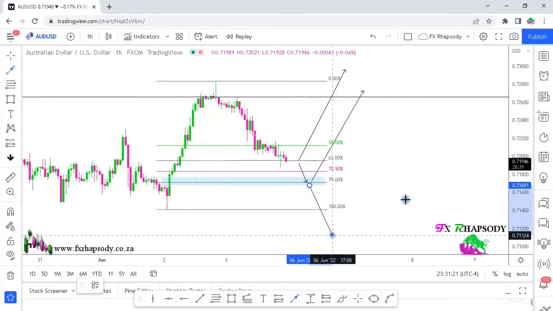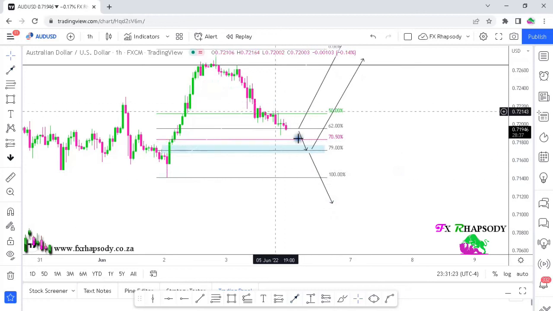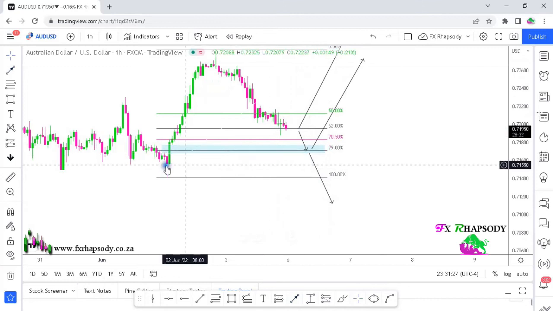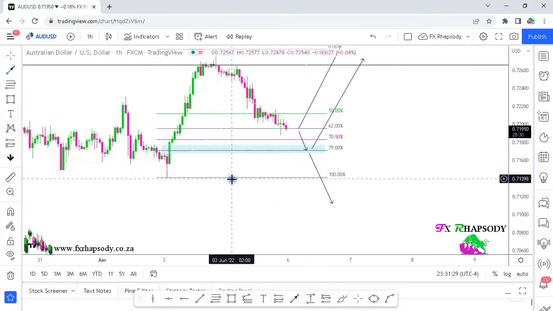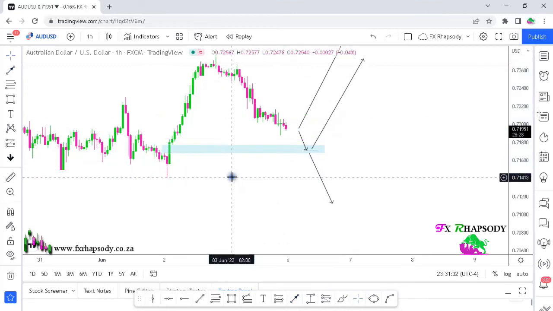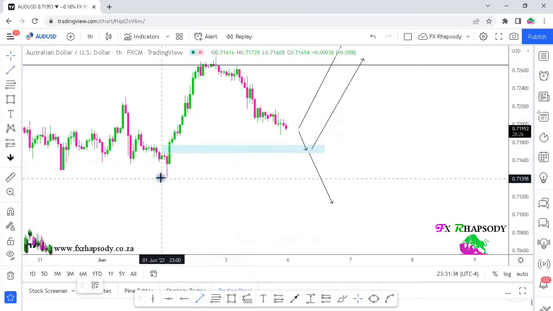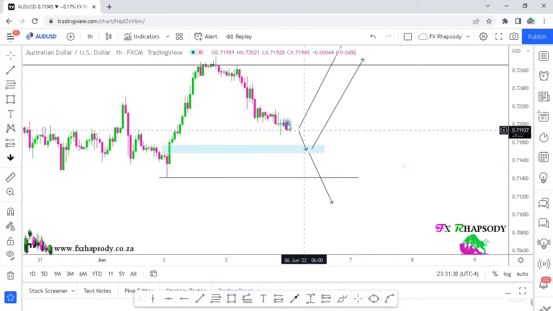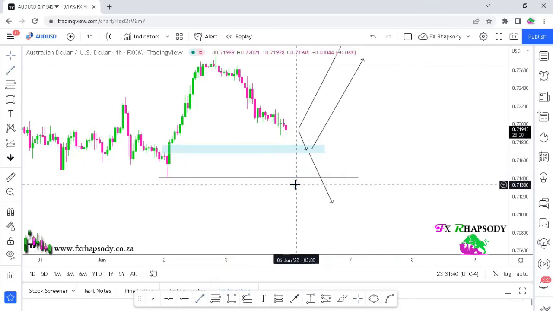And if it does break down, if it breaks through this area, I'll definitely do exactly what I'm doing, looking for that break in structure, which will be this over here. So that's going to be your key structure area that it needs to break. So it needs to break that area if we are looking at any sell opportunities. If it breaks that area, look at what type of imbalance it forms, and use your Fibonacci and all of that.